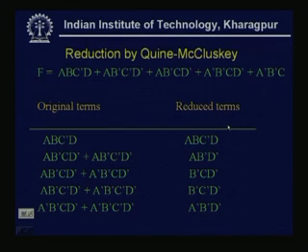Now, the concept we have applied is mainly that we are seeing the logical adjacencies. Two columns are adjacent means that in one column one variable will be complemented and in the next column it will be uncomplemented.